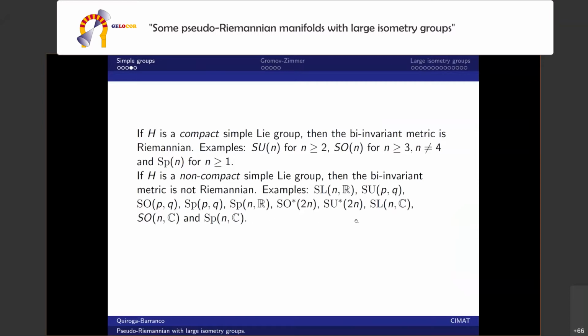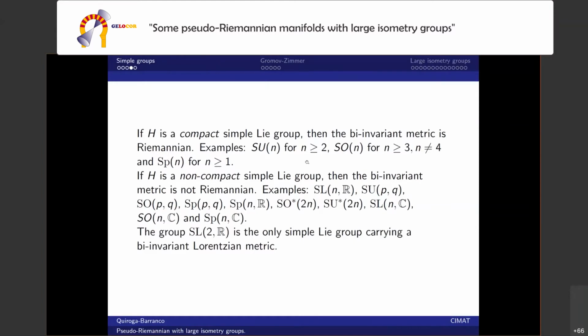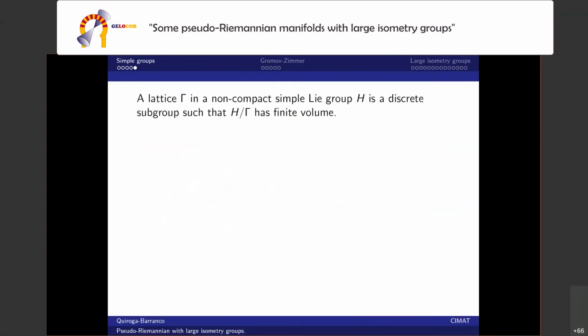So you have many pseudo-Riemannian manifolds with large isometry groups. Now this is about Lorentzian geometry, of course, and I can say that very few simple Lie groups carry a Lorentzian metric. All of the other groups are either Riemannian or of higher index.